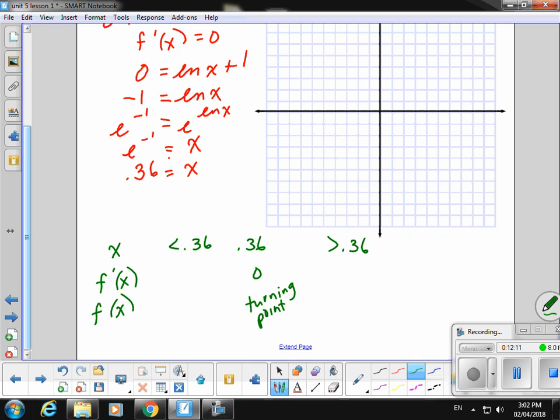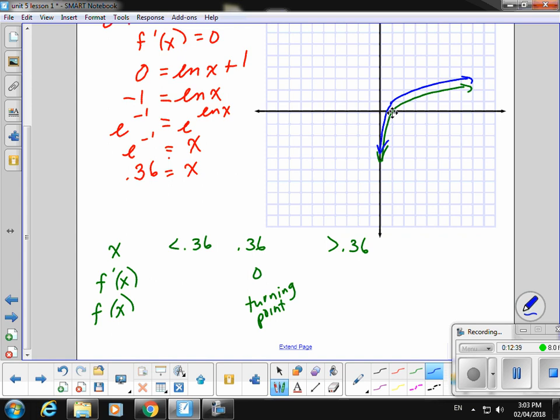To the left of 0.36, I am looking at the derivative ln x plus 1. So ln of something less than 0.36 would be negative. So we're picturing ln x plus 1. So ln x would look like this. Ln x plus 1 would be 1 up. So it looks like that.